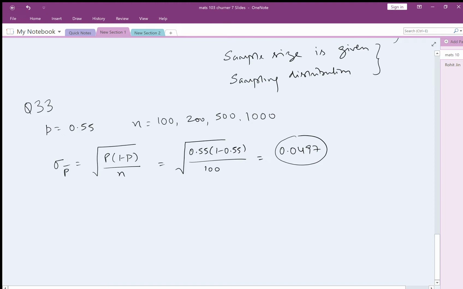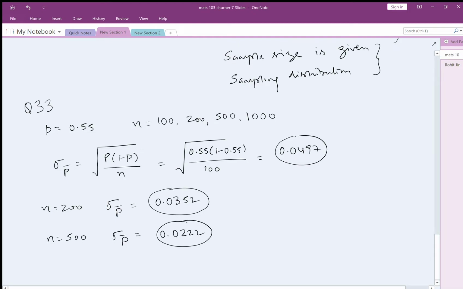Okay, and then when n is equal to 200, you can solve it, you get sigma p bar is going to be 0.0352. Similarly, when n is equal to 500, sigma p bar is going to be equal to 0.0222. And finally, when n is equal to 1000, sigma p bar is equal to 0.0157.